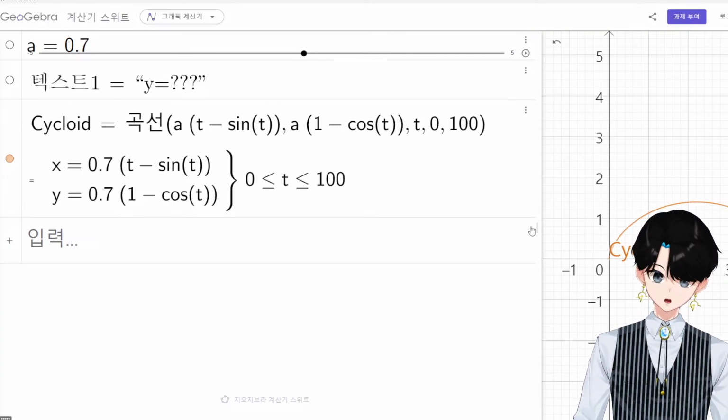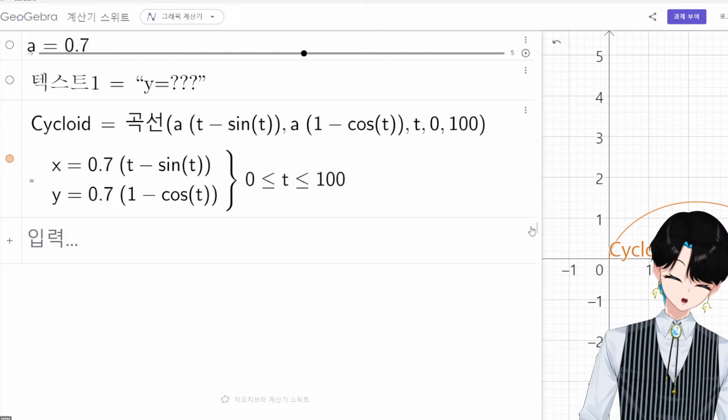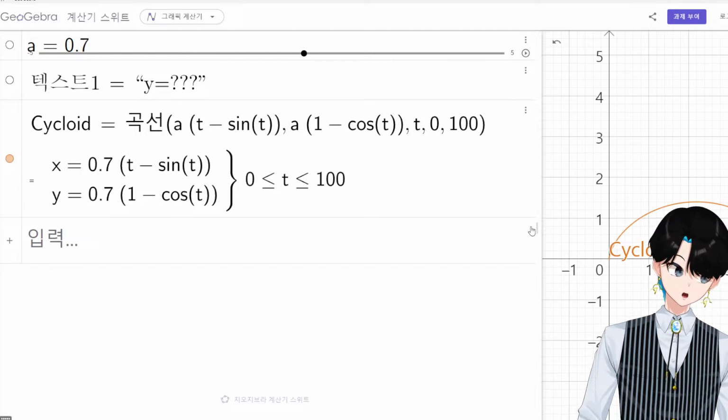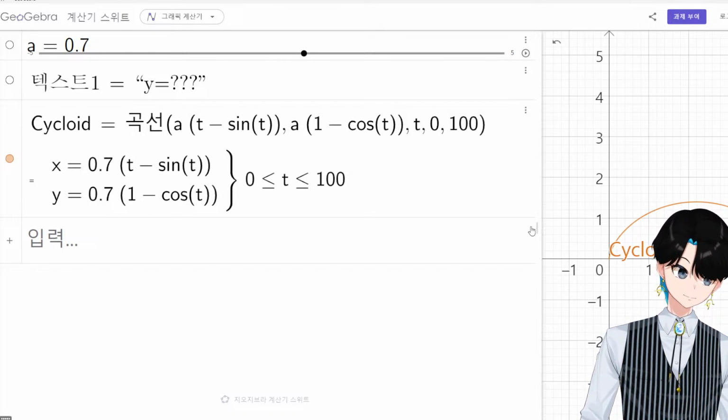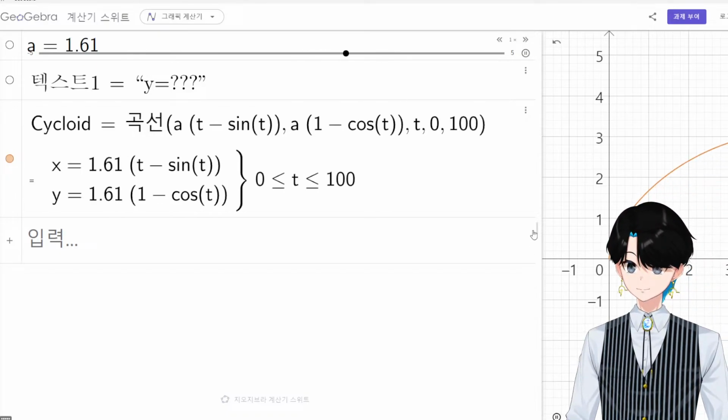I don't have any experience on GeoGebra. My longest consecutive experience of using GeoGebra when I was young was like 5 days. Turn on the animate.